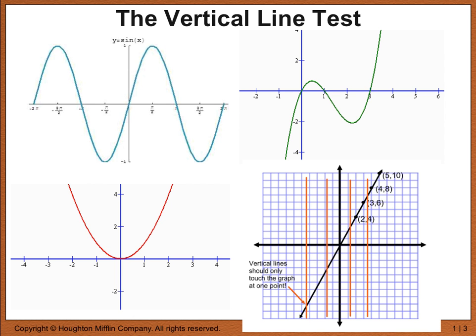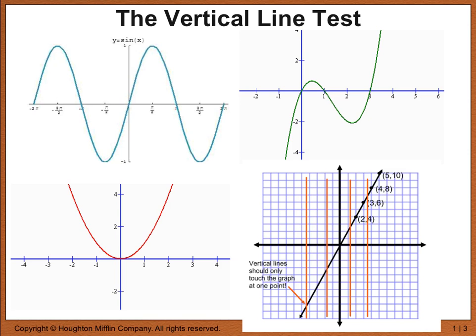Now, the next thing we're going to talk about is the vertical line test. And the vertical line test is a graphical way to test whether a curve is a function or not. Recall from the last section that a function is defined as a relation in which the elements of one set are mapped to, or connected to, exactly one member of another set.